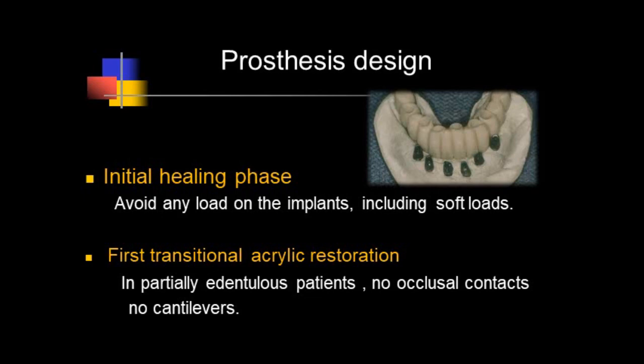And the first transitional acrylic restoration in a partially edentulous patient has no occlusal contacts and no cantilever. The main purpose of this is to splint the implants together to reduce the stress and to have implants sustain the masticatory forces solely from chewing.